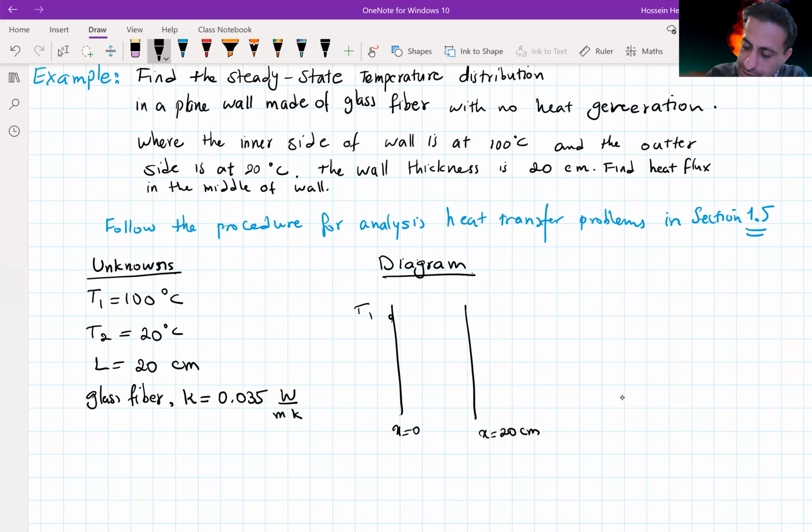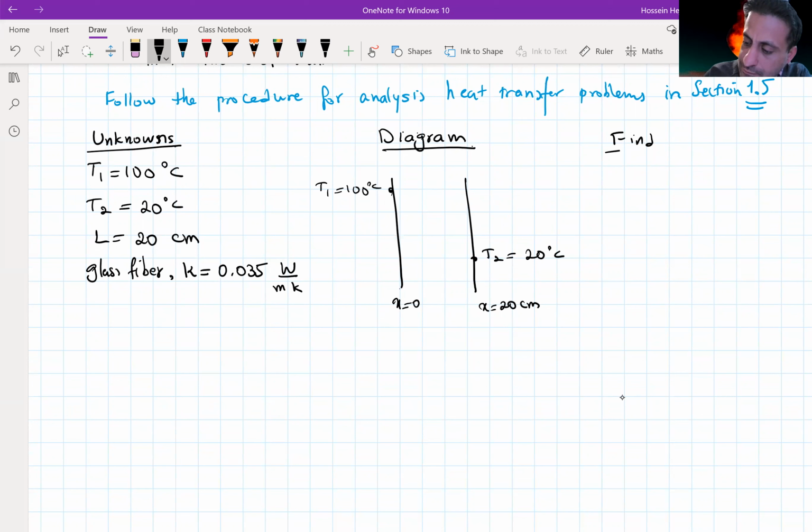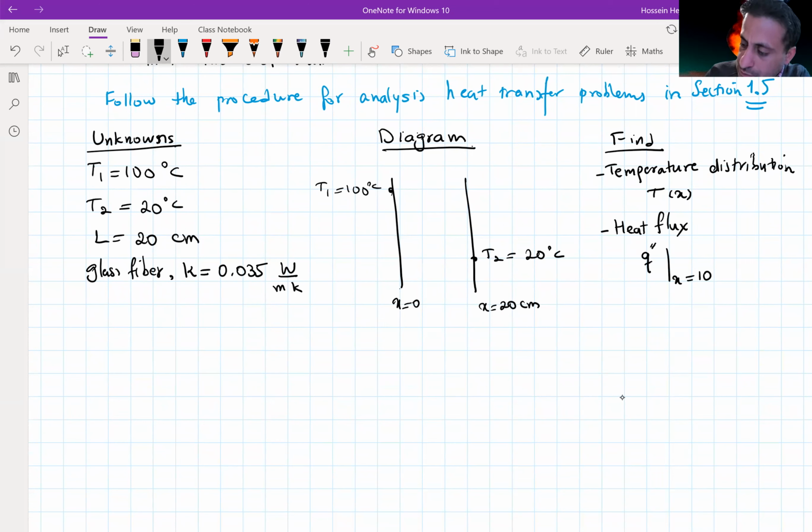The inner side is T1, which is 100 degrees C. The outer side, T2, is 20 degrees C. And what we have been asked is to find the temperature distribution as T of x, and the heat flux in the middle of the wall, which is q double prime at x equal to 10 centimeters. These are what we have been asked.